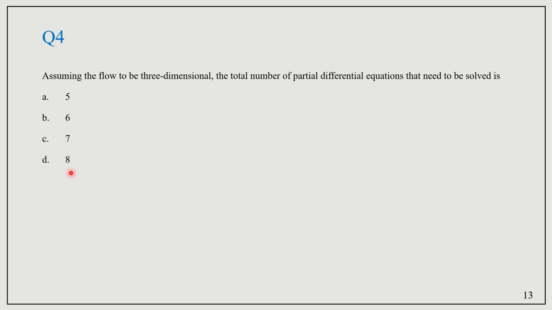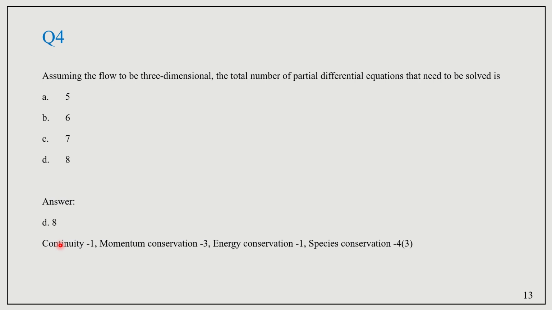So option D, 8, is the right answer. So continuity equation 1, momentum conservation equation 3, and energy conservation equation 1. Species conservation equations it is 4. Actually it is 4, but since we are already solving for the continuity equation, it becomes 4 minus 1, that is Ns minus 1, so 3.